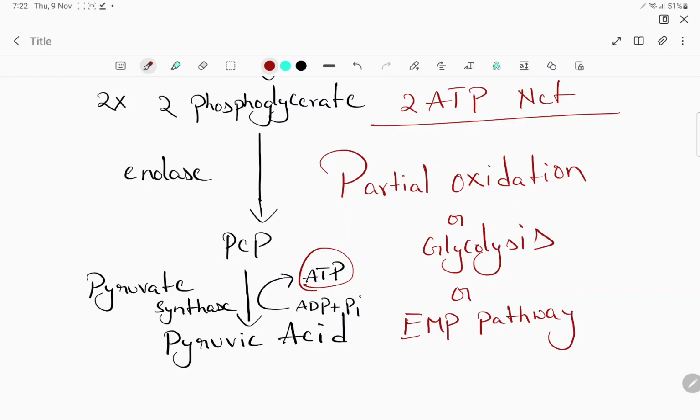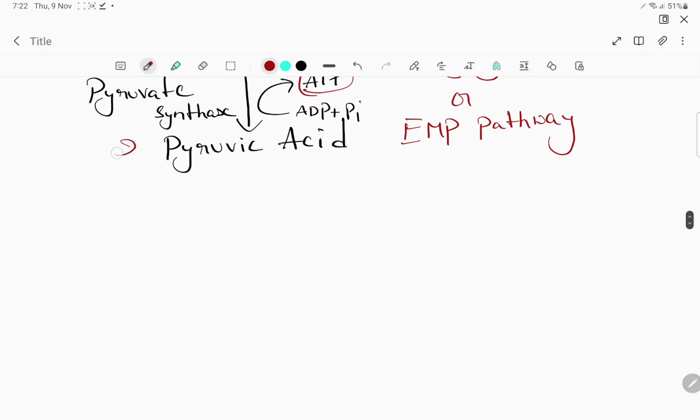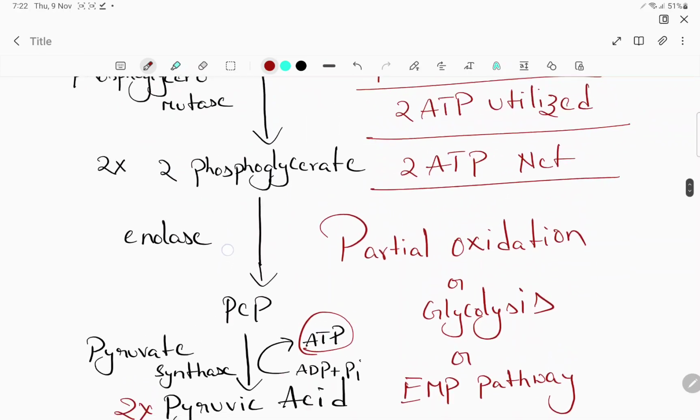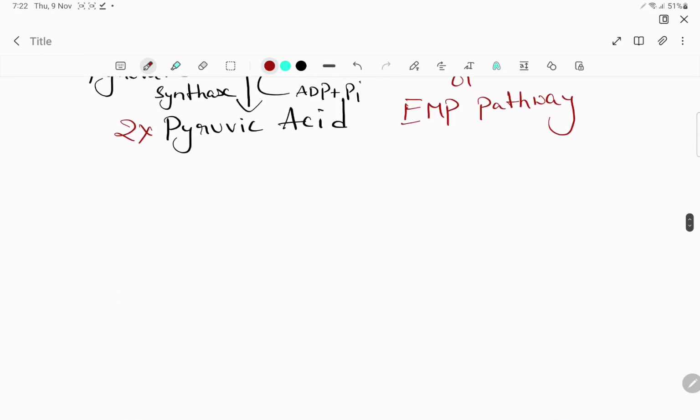So let's see about the next thing. What happens to this pyruvic acid? We will be having 2 pyruvic acid. So now this pyruvic acid will be going to the mitochondrial matrix.